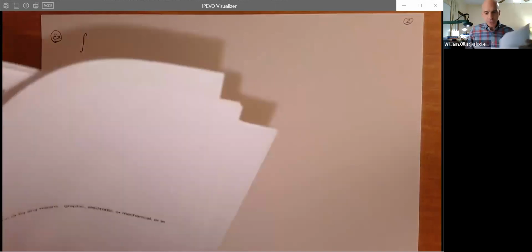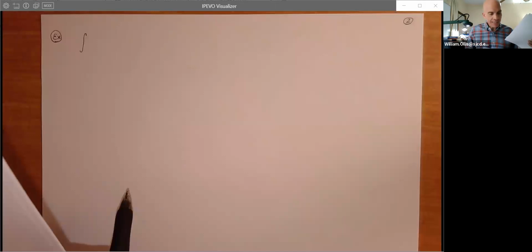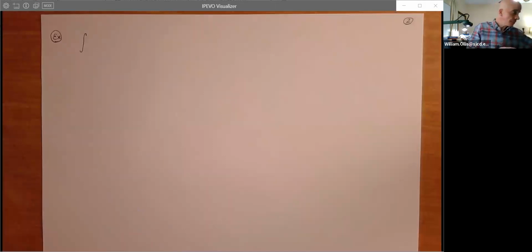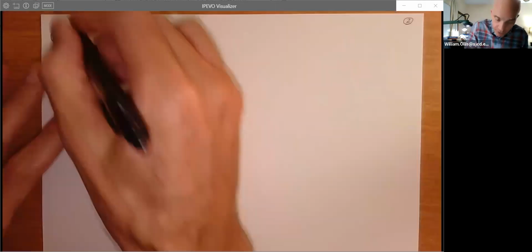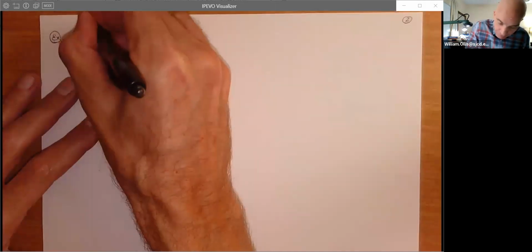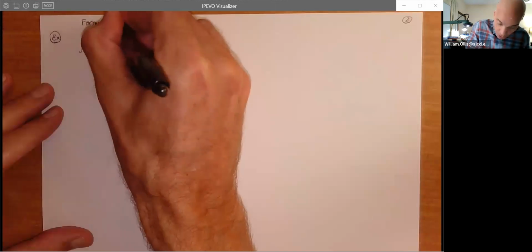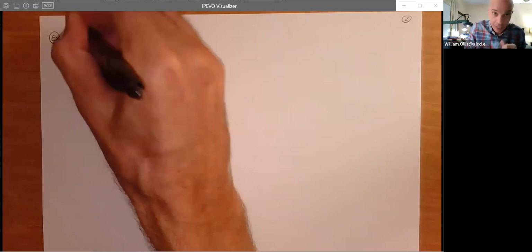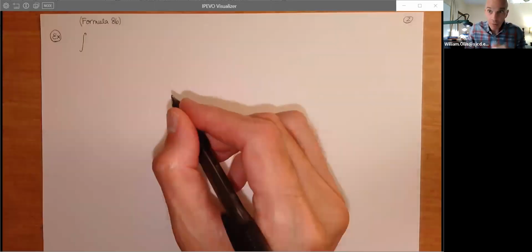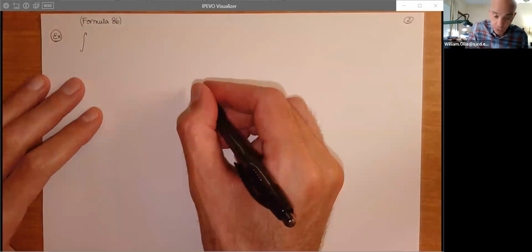Okay, this particular form is going to be formula 86 from your chapter B. And this is easy to derive just using integration by parts. You're noticing a lot of these integral formulas utilize integration by parts, trig integrals, or trig substitution.